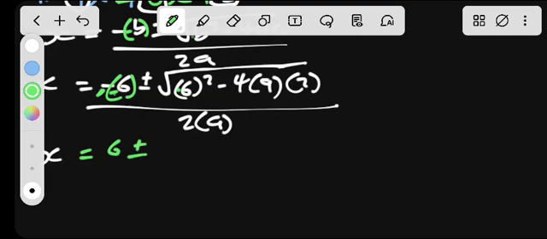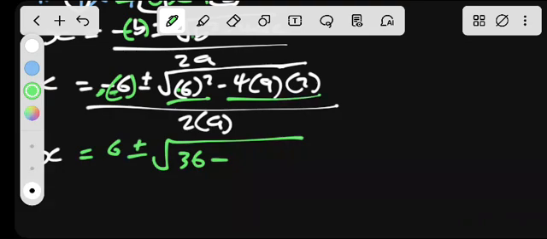But when you square negative 6, it does not affect anything there, guys. So this will still give me 36. Then I multiply the inside there. I have 4 multiplied by that, which is 72. Divide this by 2 multiplied by 9, which is 18.